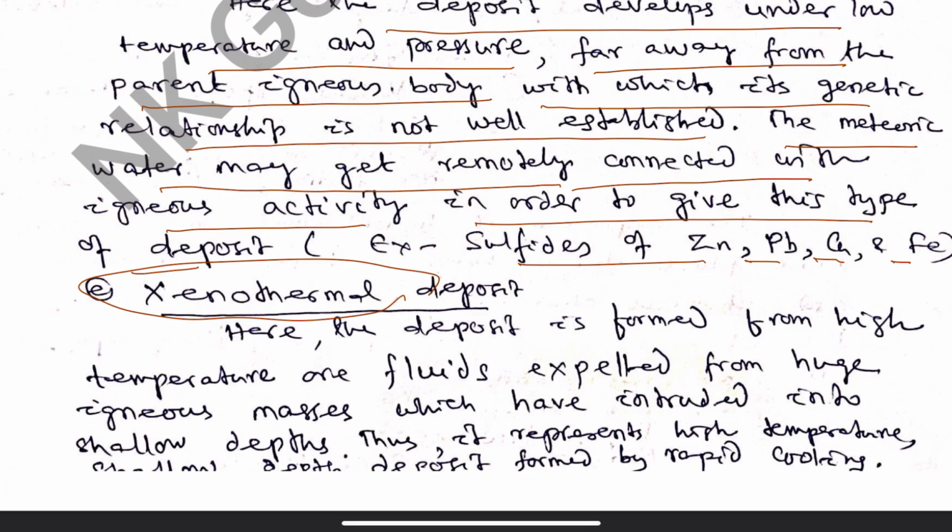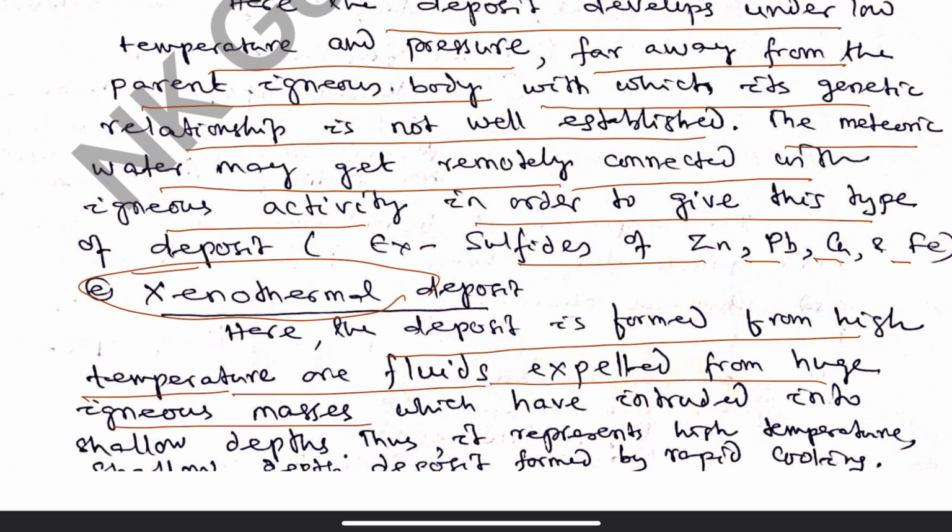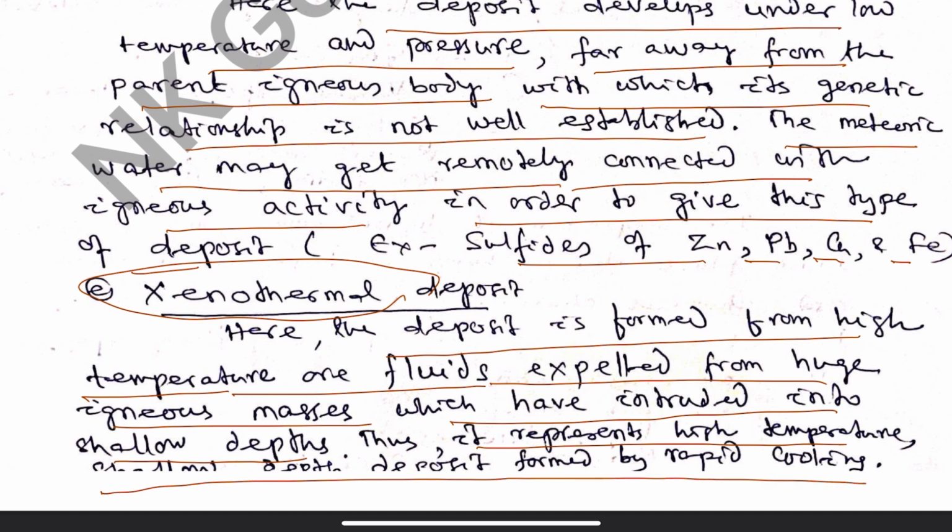Another method of mineral formation is xenothermal deposit. Here the deposit is formed at high temperature from ore fluids expelled from the huge igneous masses which have intruded into the shallow depths. Thus, it represents a high temperature, shallow depth deposit formed by rapid cooling.